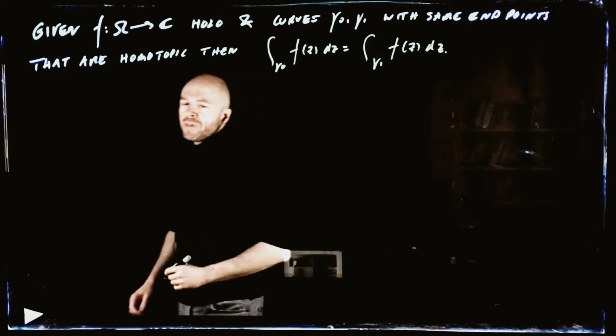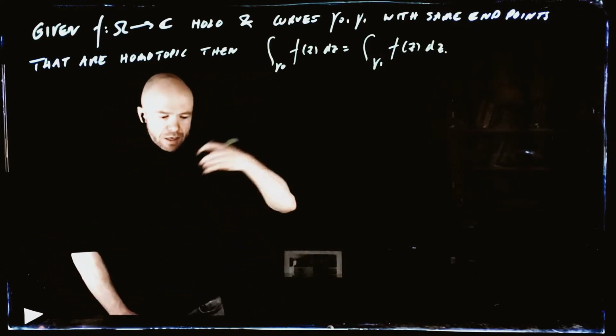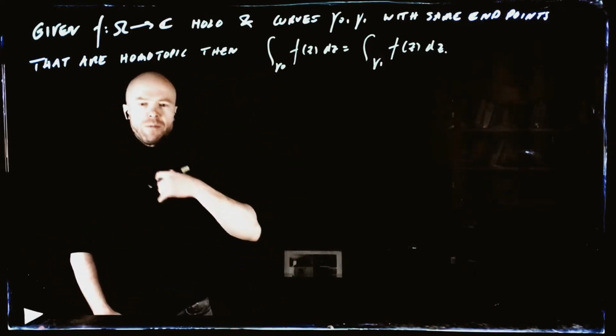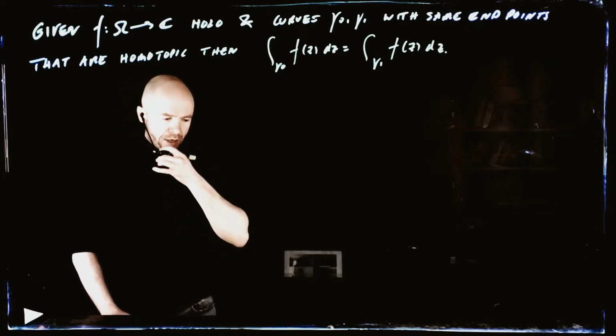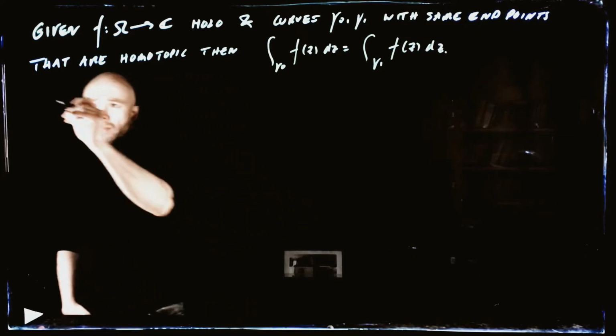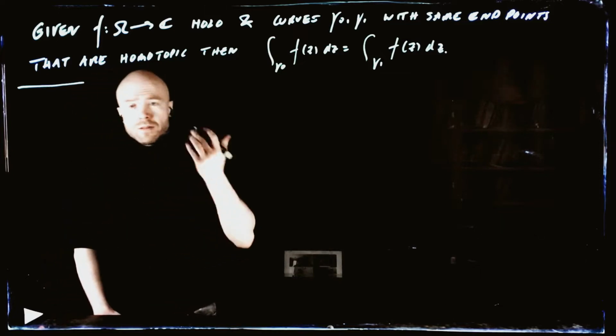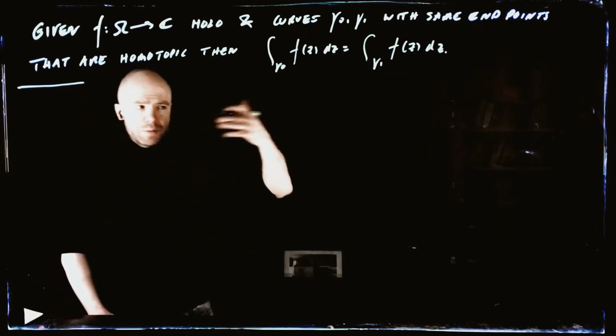Okay, and this, as I started to say a little bit quickly at the end of last time, has many powerful consequences. The first thing is to state again the definition of something which is simply connected.